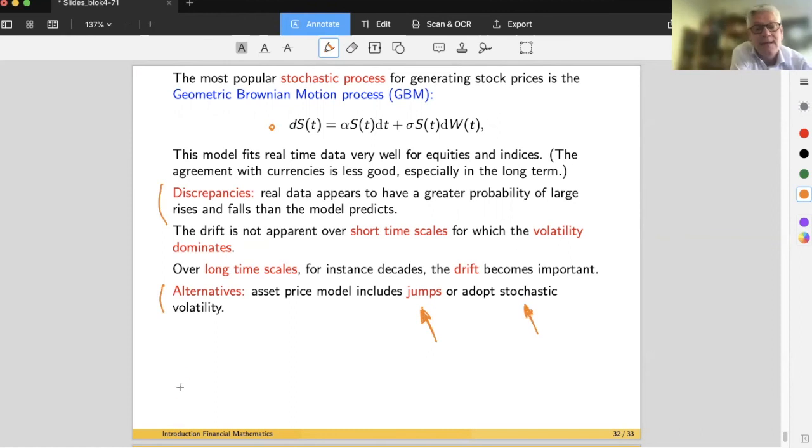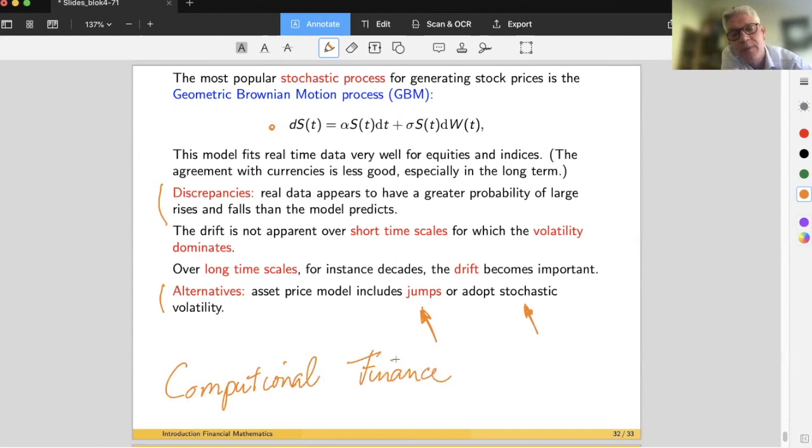And again, that will be computational finance. So the sequel to this series is computational finance, a new master course that we will be teaching at Utrecht University next year. And there you will learn more about more realistic asset price models, the corresponding option price models, and the computational numerical techniques that we need in order to get to an option price.